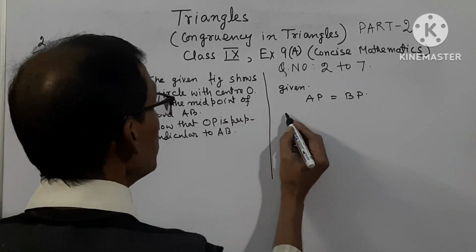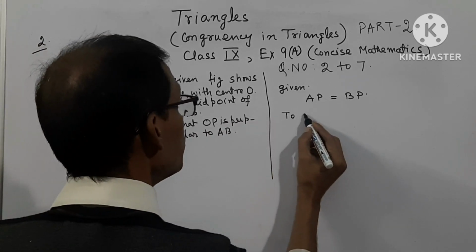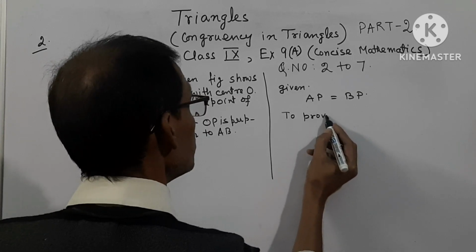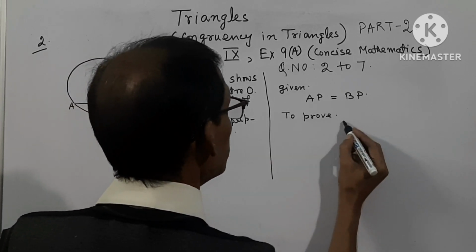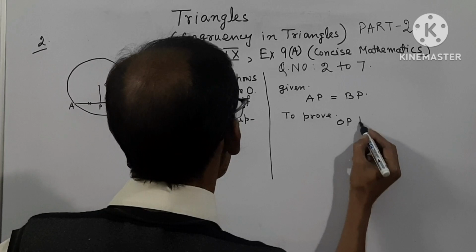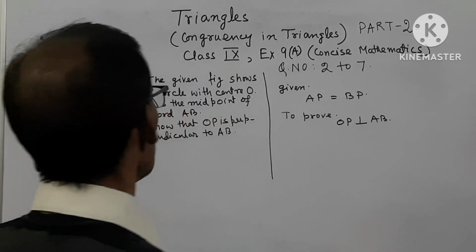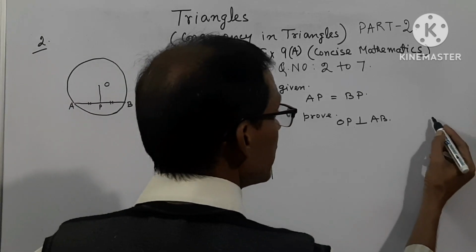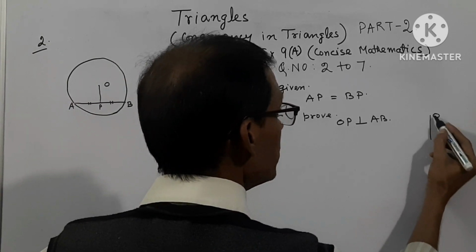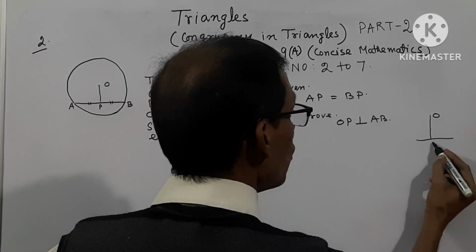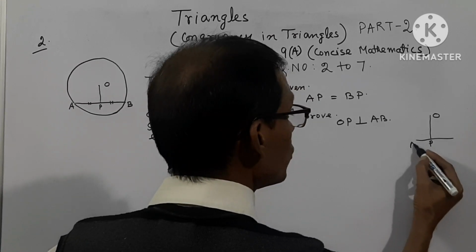Now you have to prove OP is perpendicular to AB. How do you say OP is perpendicular to AB?